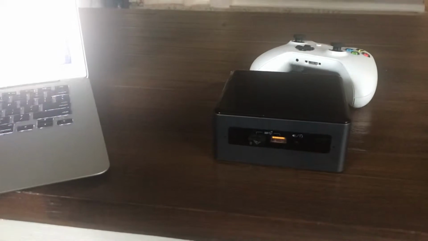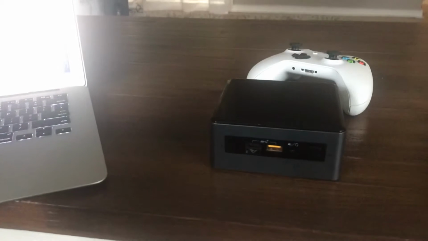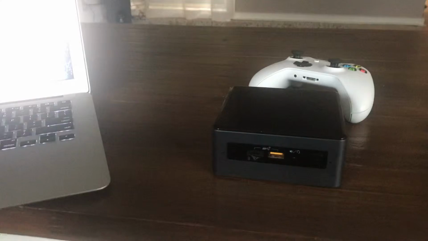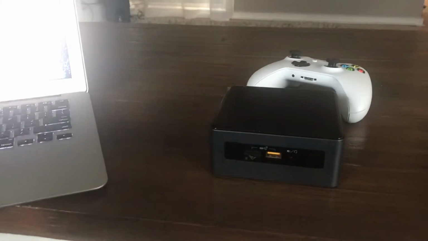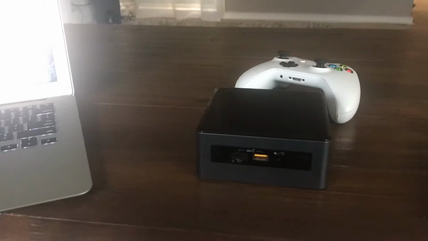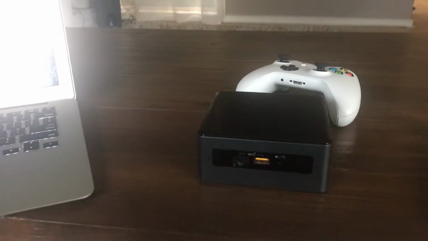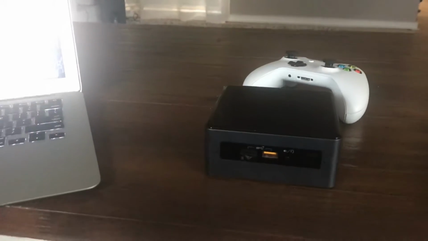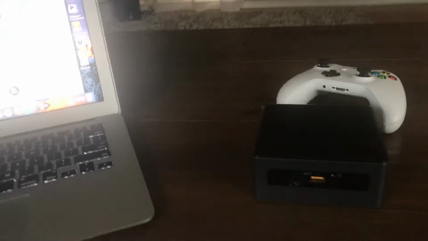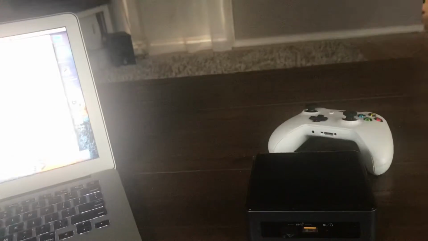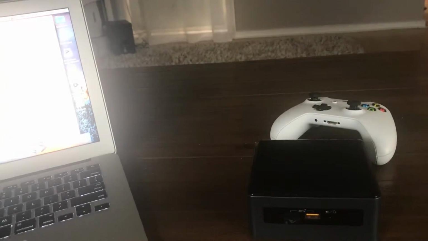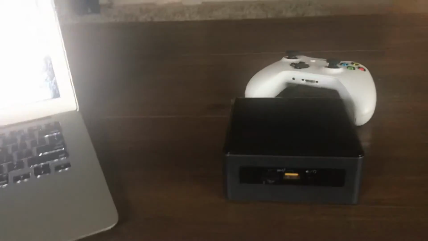It's about 500 megabits per second write and read, so it's not bad. It works faster than any SSD. You can buy even faster ones, there is a 3,500 megabits per second one, so it's going to be very fast.